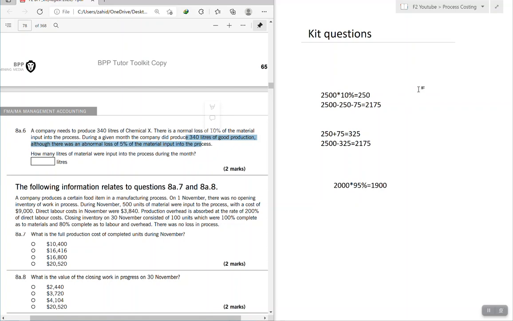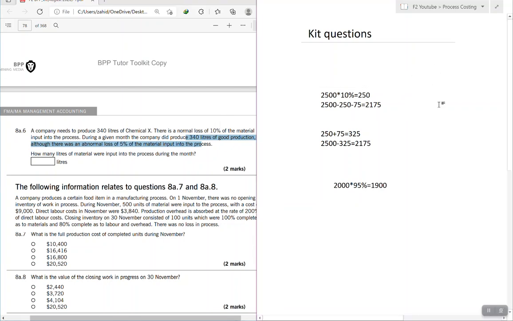Like in our previous example, let's say the normal loss was 250, and this was our output. We could have simply taken that and divided by 0.90. It would have given us the input, which is 2,500. So we are going to do the same thing here. We have 10% normal loss and 5% abnormal loss, so the total becomes 15%.